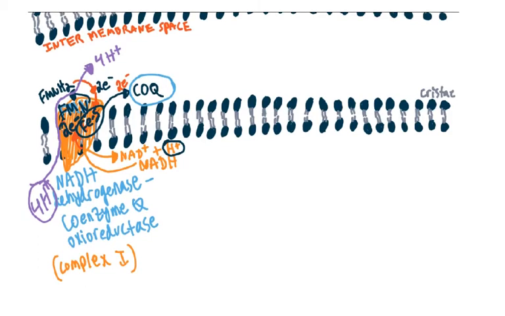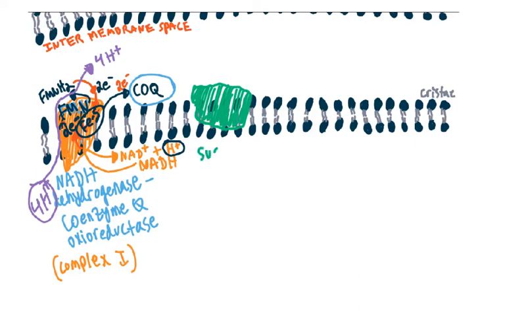Now let's talk about complex 2. Let's draw complex 2 up here, just like a regular protein, and color it in, try to at least. Let's start with the name.